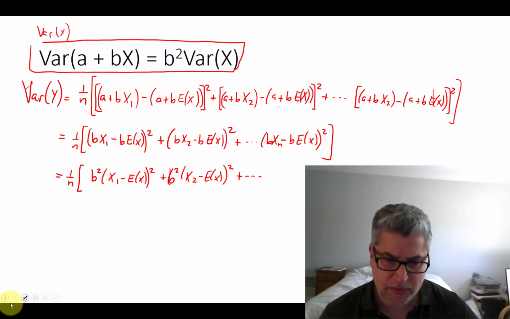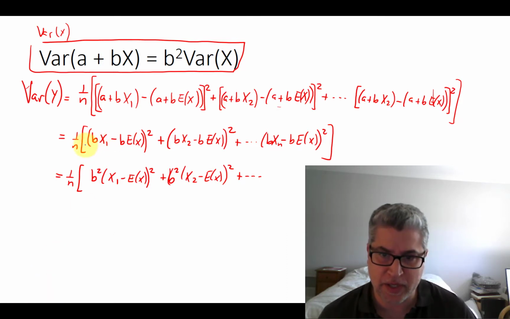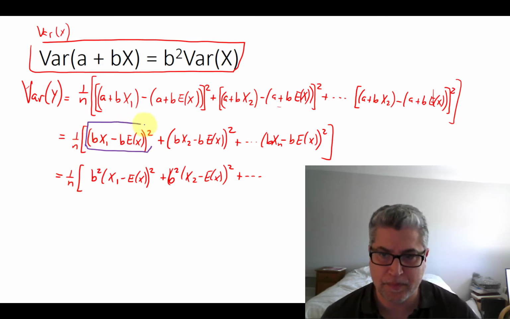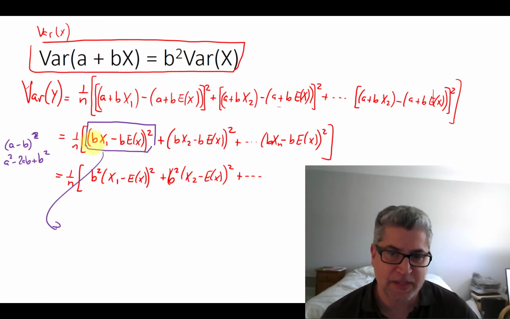Let me switch colors for just a moment. And let's focus on this guy right here. So we've got something minus something, squared. What does that equal? That's a squared minus 2ab plus b squared. Now in this case, we have something that includes a b, something that includes a b.